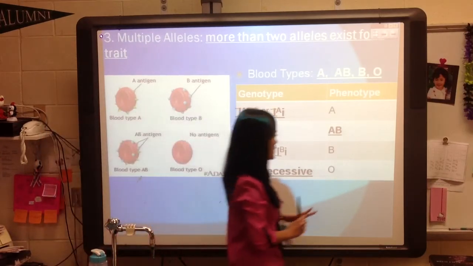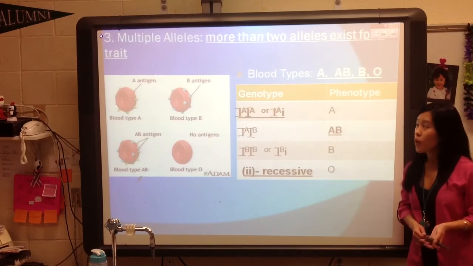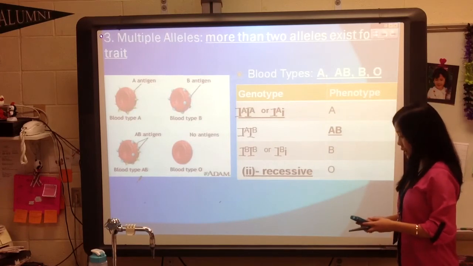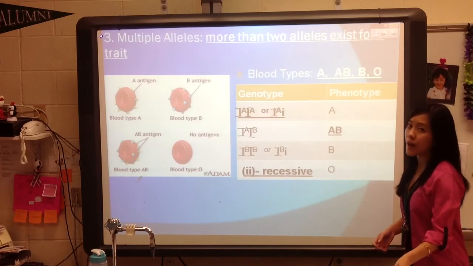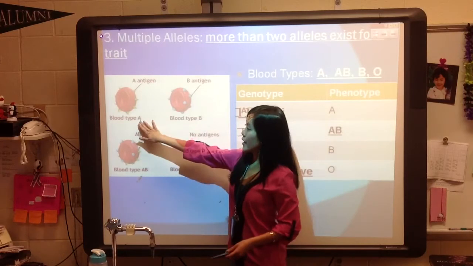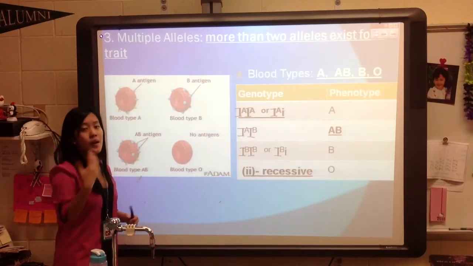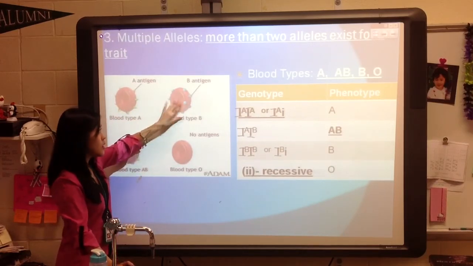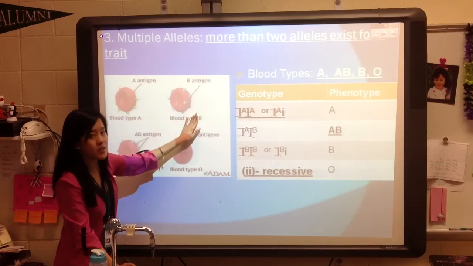Now the other thing is, if you're thinking about blood types, you can think about getting blood donated, or if you're in an emergency situation and need to take in some blood. When that happens, you actually have to have the same matching name tags on your red blood cells. So for example, if I was type A blood and on my red blood cells I had A, but there was an emergency and they accidentally gave me B blood cells with B on top of them, my body would know this is the wrong type of blood.